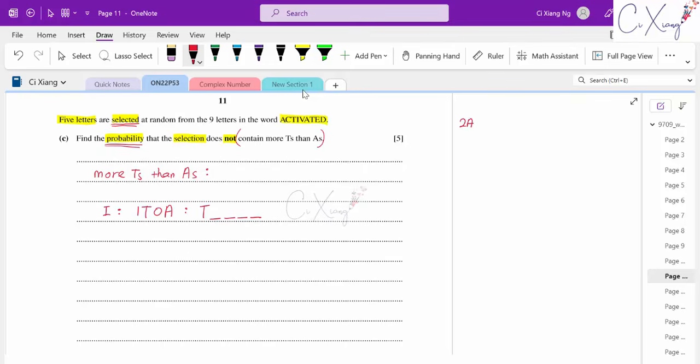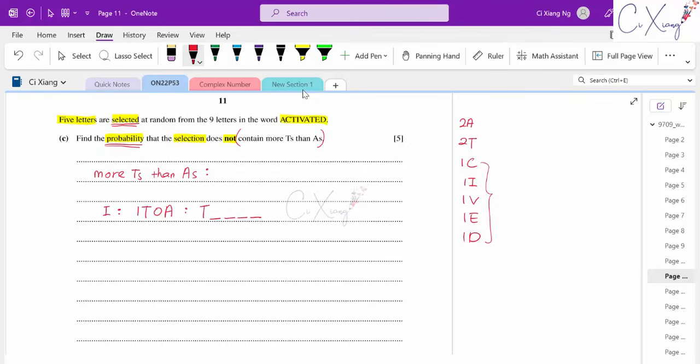Just now we listed out 2A, 2T, 1C, 1I, 1V, 1E, 1D. T is already placed, so the remaining 4 I have to select from C, I, V, E, D.